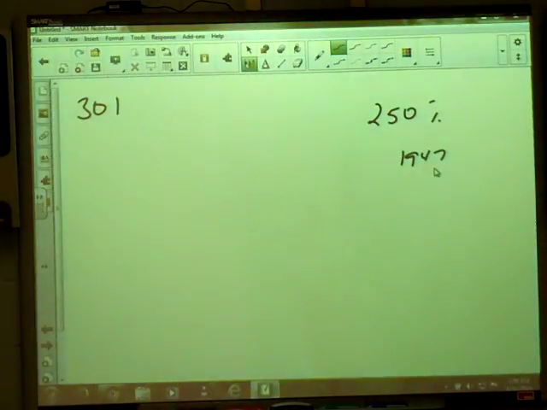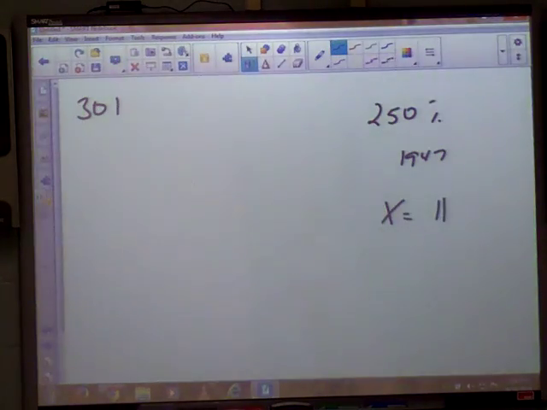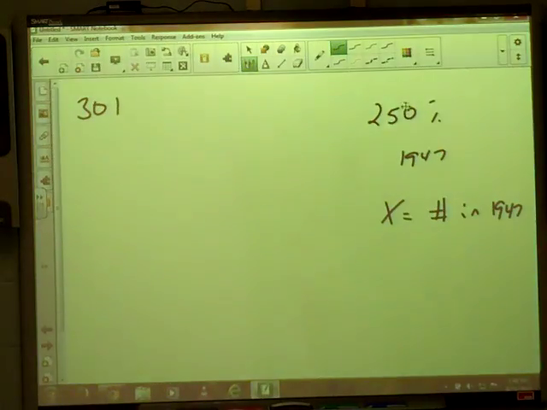So we are asked to figure out how many area codes there were in 1947. So my X is going to be the number of area codes in 1947. But I know that 301 is 250% more than that.